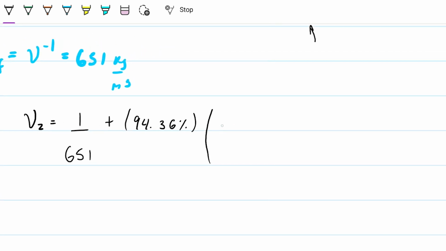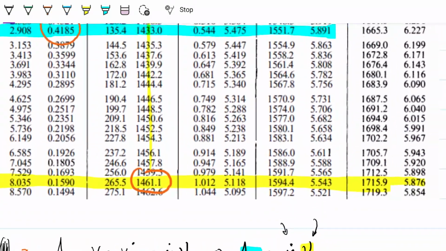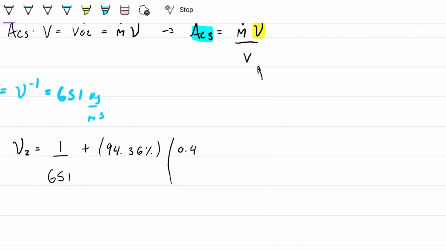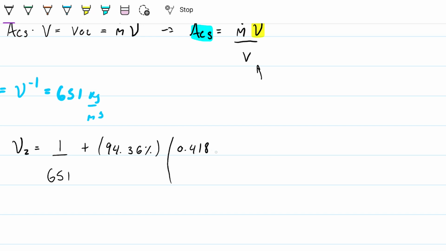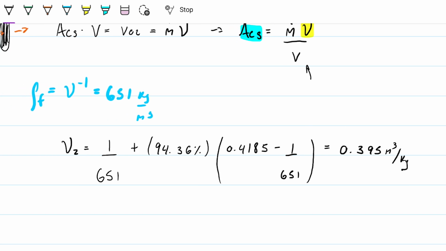And the difference will be the 0.4185 minus the specific volume for the liquid, which is just the inverse of 651, and this gives me 0.395 meters cubed per kilogram. So that's the specific volume of the mixture.